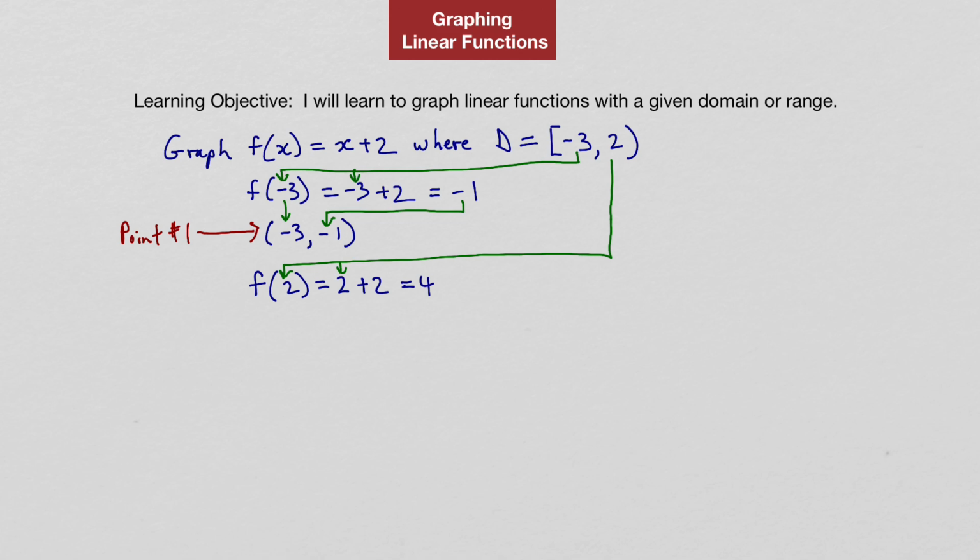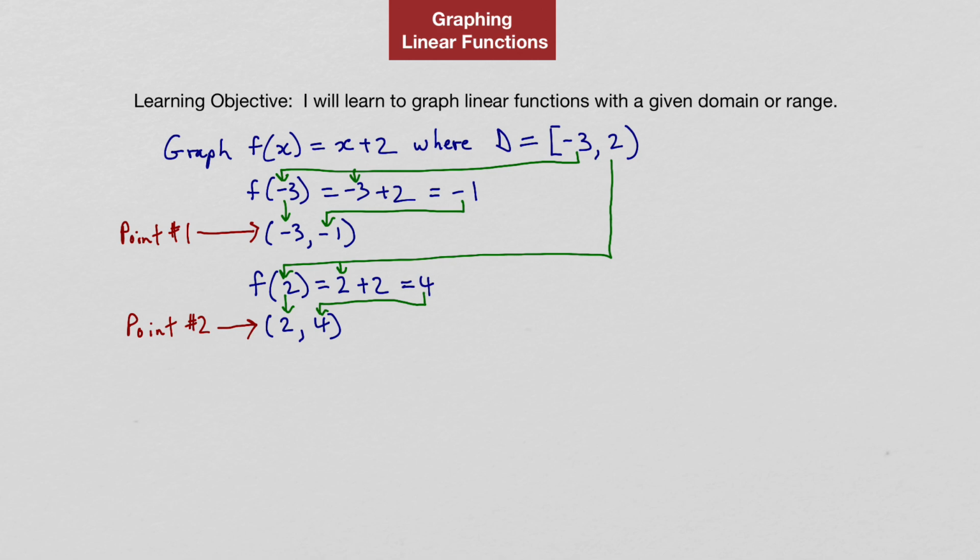And therefore, our second point is going to be 2, comma, 4. Okay, this 2 flows down to there, and this 4 flows down to there. And now we're going to label this as point number 2.